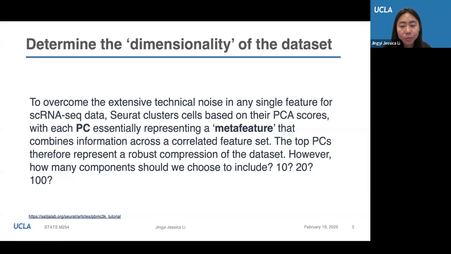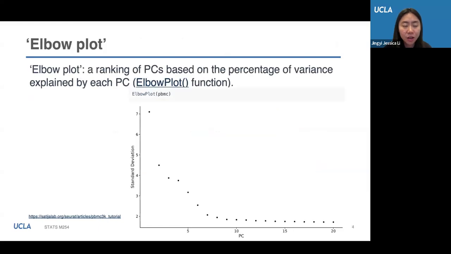So that's the math part. But today we're going to talk about the practical selection of PC number. Essentially, what we're plotting here is a commonly used PC standard deviation versus number of PCs plot. The x-axis is the PC index, PC1, PC2, and what we're showing is the standard deviation of data points in each PC.